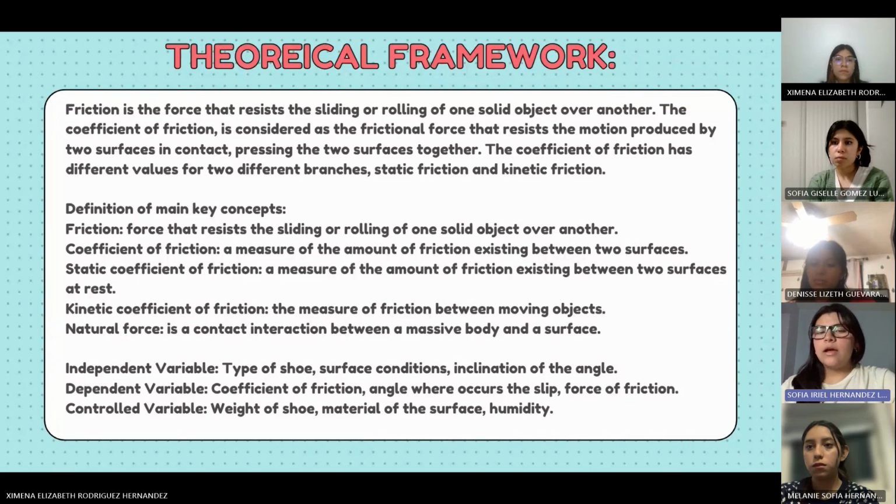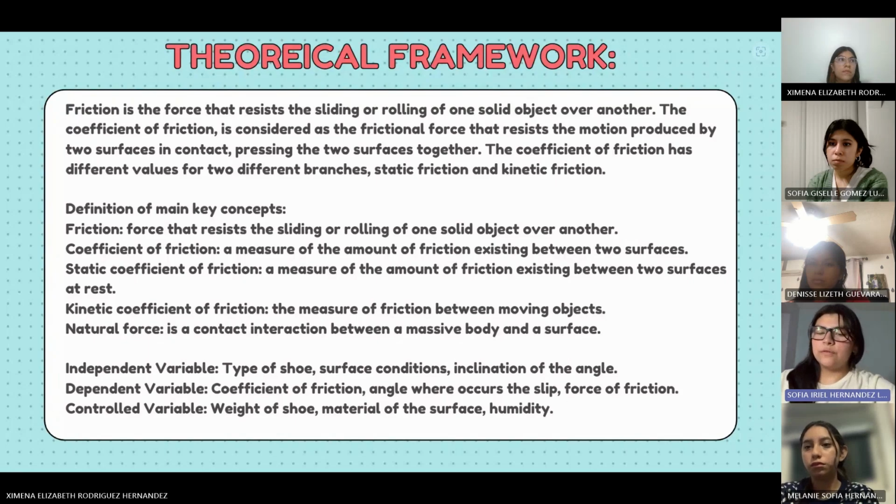The main key concepts of this PIA project are friction, which is the force that resists sliding; the coefficient of friction, which is a measure of the amount of friction that exists between the surfaces; the static coefficient of friction, which is a measure of the friction existing between two surfaces when they are at rest; and the kinetic coefficient of friction, which is the measure of friction that exists when the objects are moving.